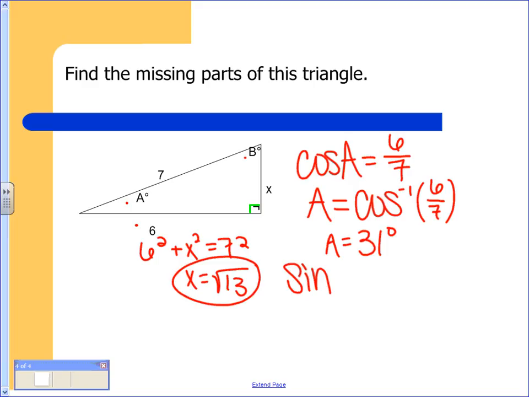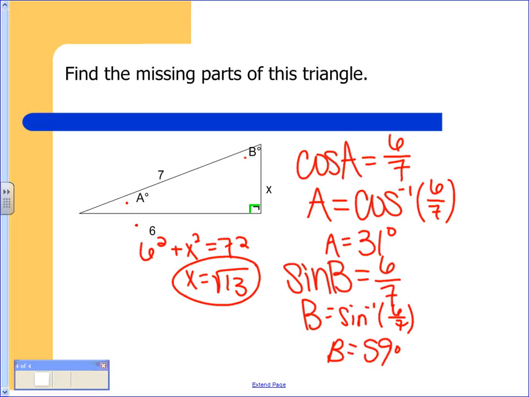What is the sine of B? 6 over 7. You see how that works? Okay. So B is sine inverse of 6 over 7.